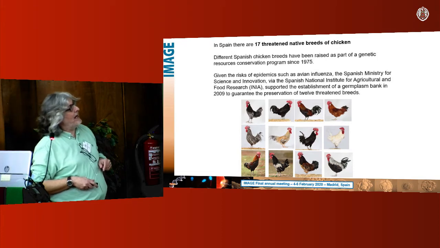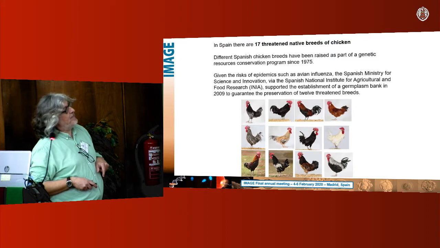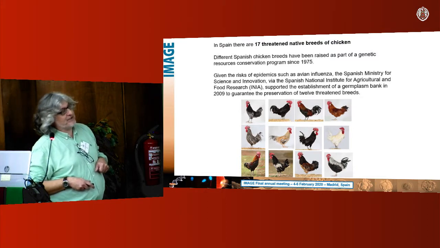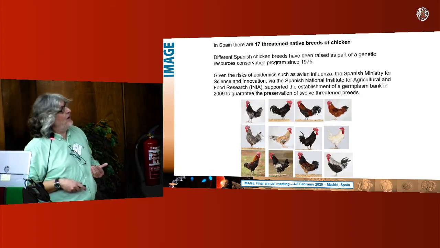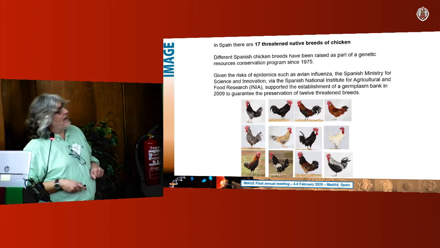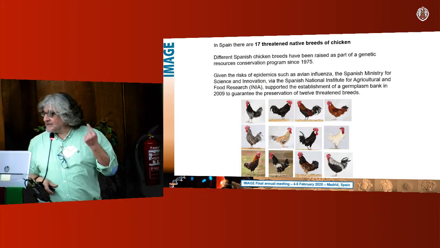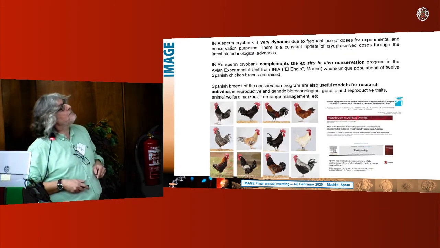In 2009, because of the risks of flu in Spain, the Spanish National Institute for Agriculture and Food Research, INIA, my institution, supported by the Spanish Ministry of Science, supported the establishment of a germplasm bank with 12 Spanish breeds. It's the first cryobank of chicken in Spain.